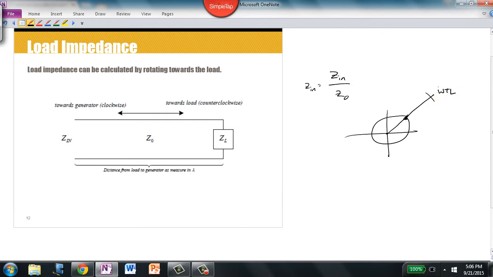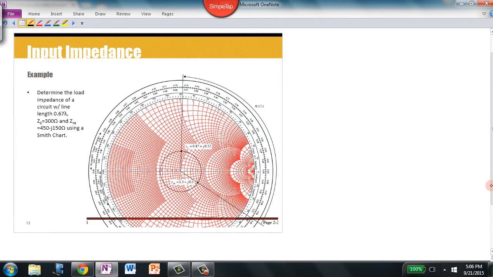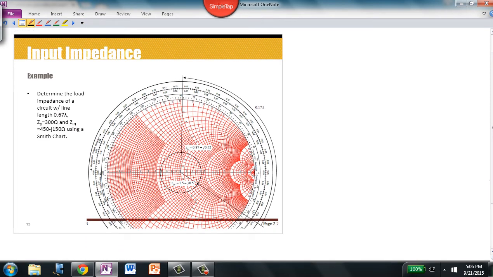We then rotate that line counterclockwise, whatever the length of the transmission line is in lambda WTL, and we find that out on the scale, and then we plot this line here, and we find out where that intersects, and that's going to be, sorry, not Z0, it's going to be the normalized load impedance. So that point of intersection is the normalized load impedance.